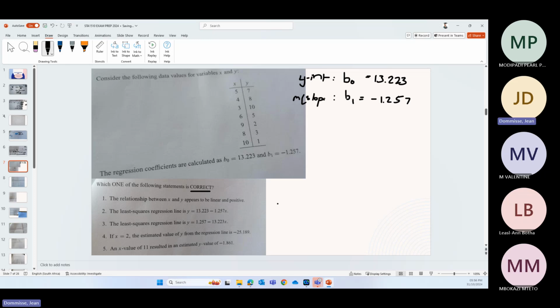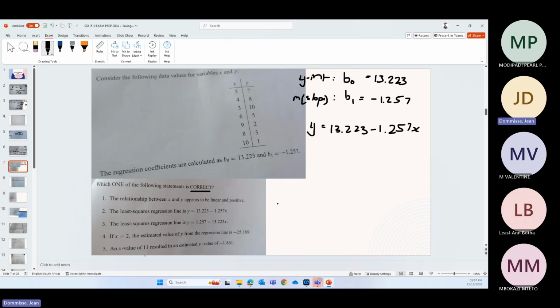So that also gives me that I can write this out, as the y-intercept 13,223 minus 1,257x.